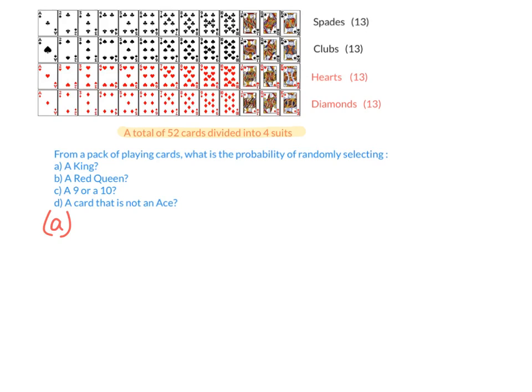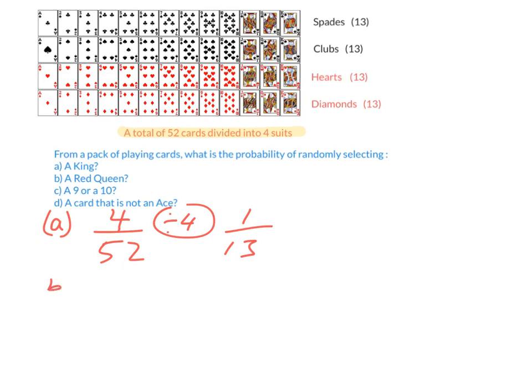Well, we know in a pack of cards we have a choice of 52. And we can see here that we have got 4 kings. So it's a choice of 4 out of 52. And we try and simplify this. So we divide the top and the bottom by 4. 4 into 4 goes once, and 4 into 52 goes 13. So the chances of getting a king is 1 in 13 chance.